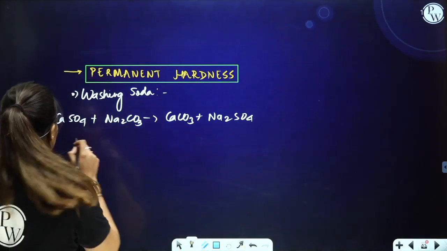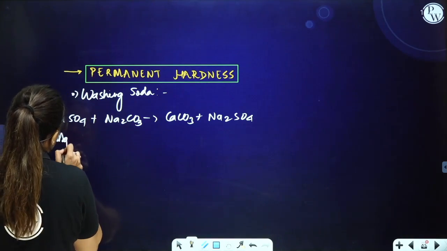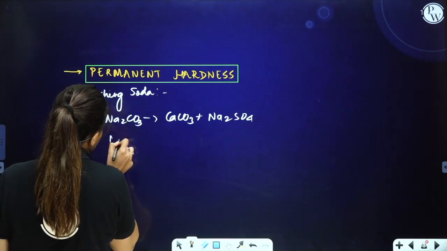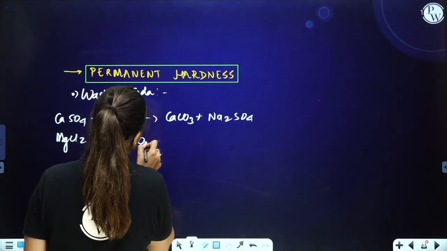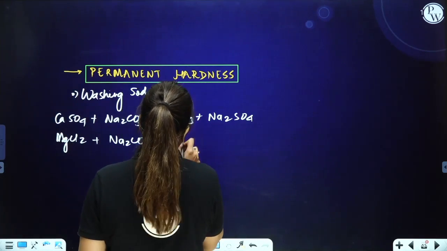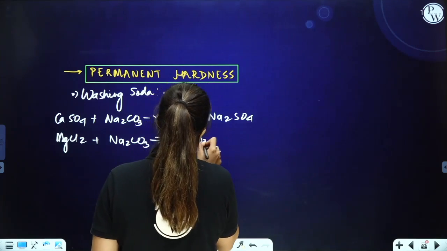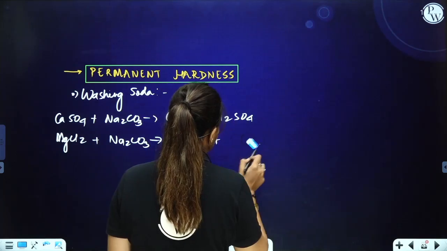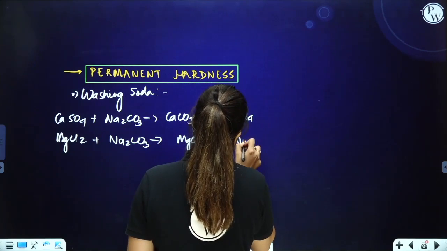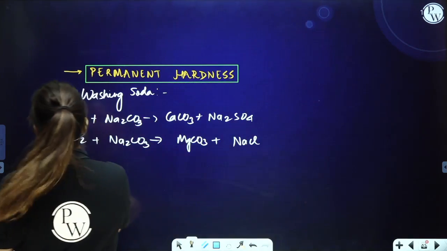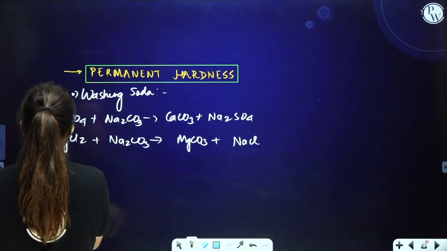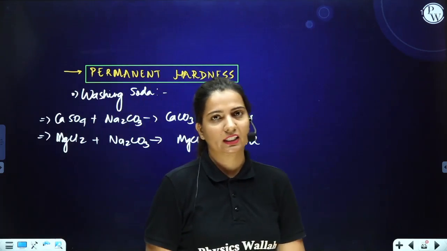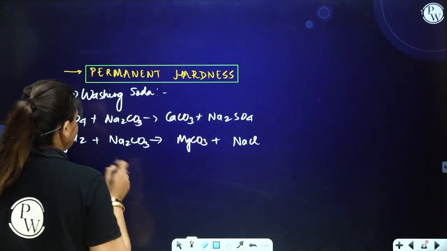Okay. Now you can also have magnesium chloride, react that with the sodium carbonate, that is your washing soda, and you are going to get magnesium carbonate plus NaCl. Okay, these two types of reactions are possible with the washing soda.